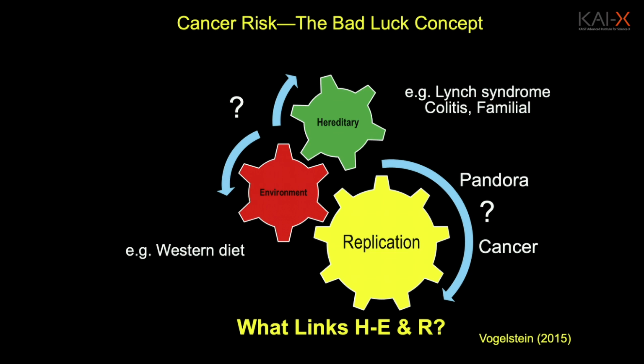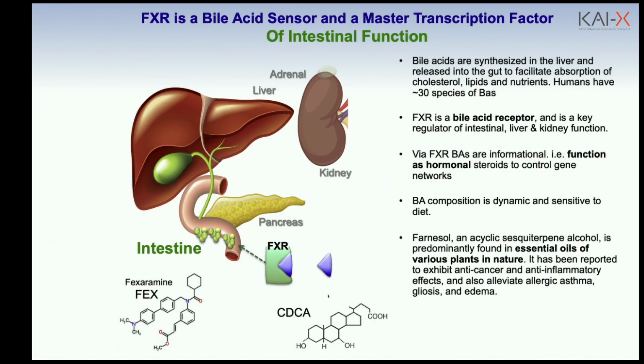And I want to use this as a transition, to talk a little bit about the core theme here, the bile acid receptor FXR, which I mentioned earlier. What you can see in this diagram is that bile acids, there's over 30 of these species, are synthesized in the liver, then delivered to the gallbladder, and when you eat a meal, they're released into the intestine.